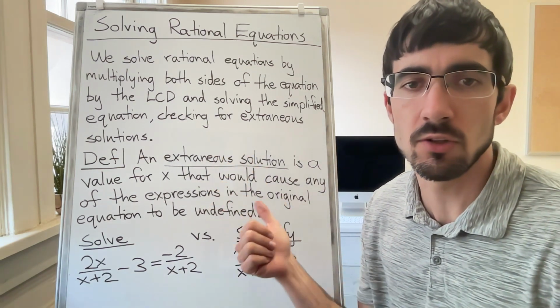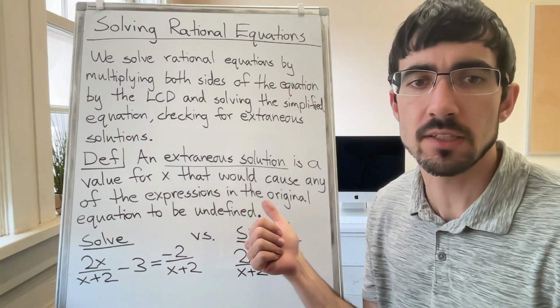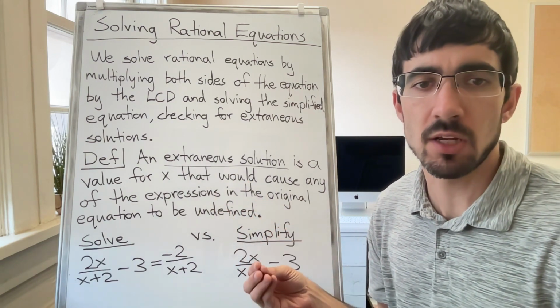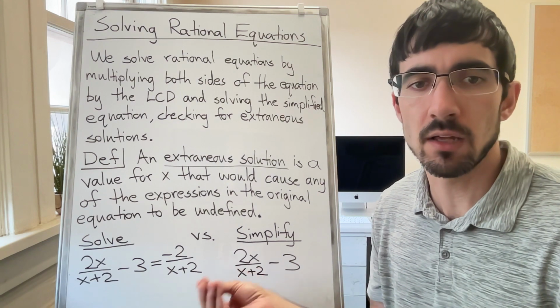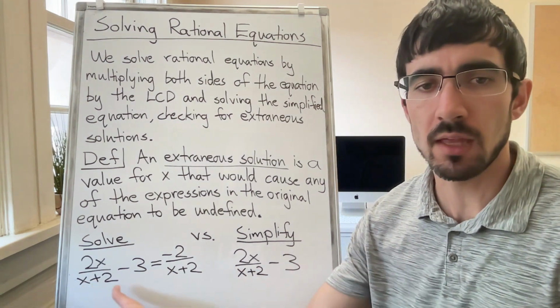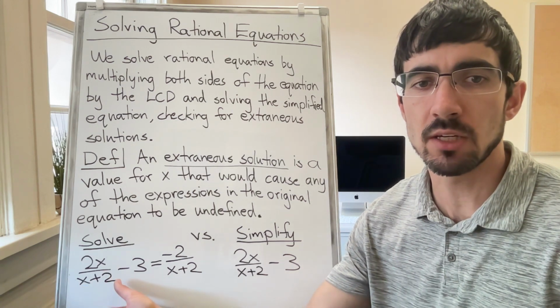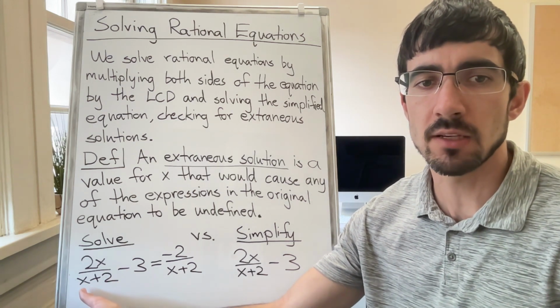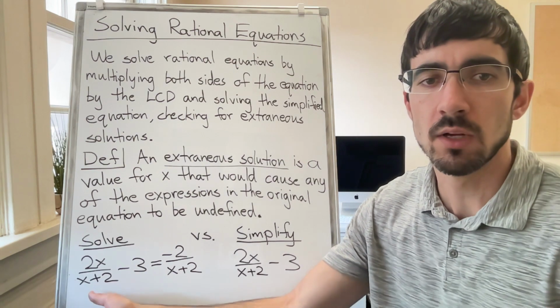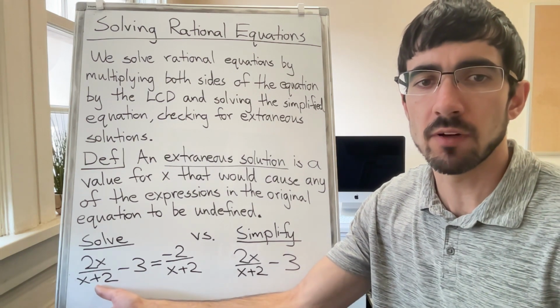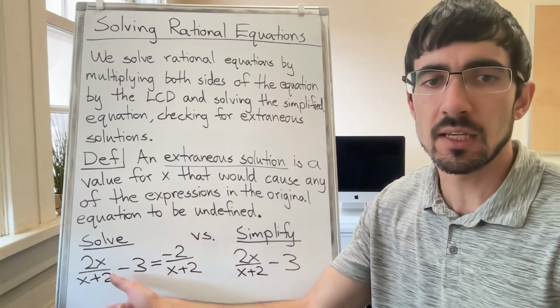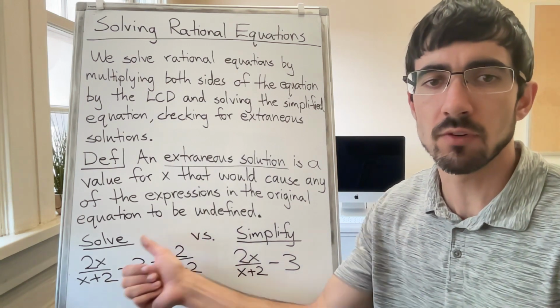Extraneous solutions are a value for x that would cause any of the expressions in the original equation to be undefined. Remember that these rational expressions are undefined when the denominator equals 0. So in this case, if x equals -2, this denominator will be undefined. That means I can't accept x equals -2 as a solution for this equation.